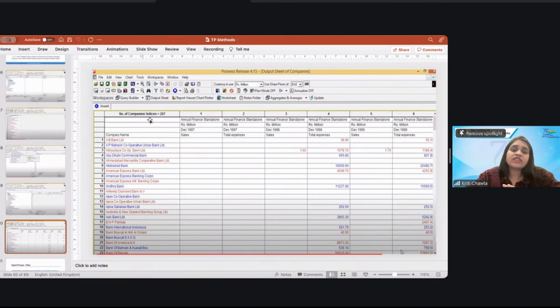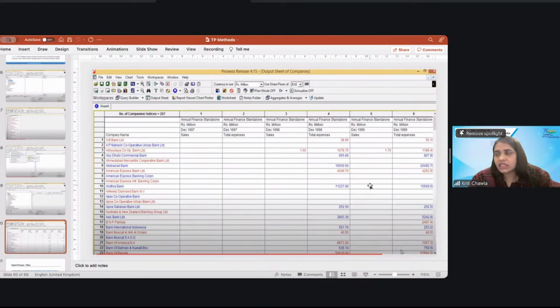So what they've actually done is, for those 207 companies, they've given us all these figures out there. There are some places where you will see that there is no information actually provided. So we'll cancel out and cut out those particular companies. That is because the software does not have information on those particular companies.